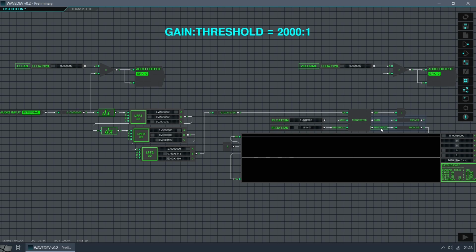To make use of this ratio, we must first match the input signal of the amplifier to the clipping threshold. So I'll make some changes to this structure. We will call this parameter maximum gain, and I will leave it at 2000 for a moment.